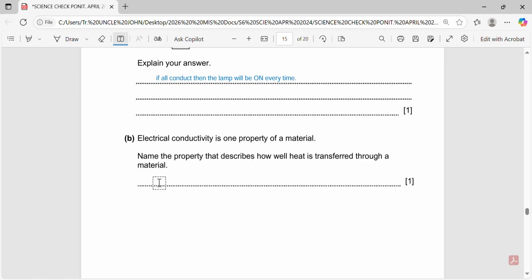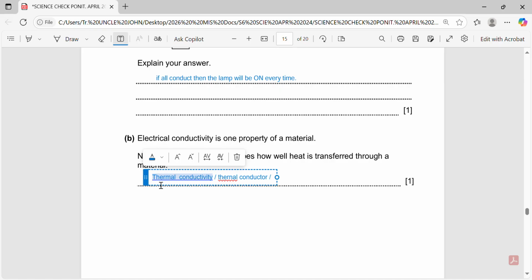Or you can as well say thermal conductor.